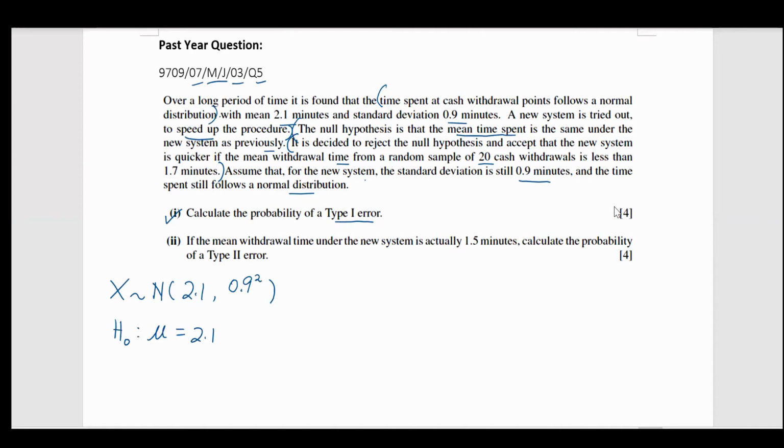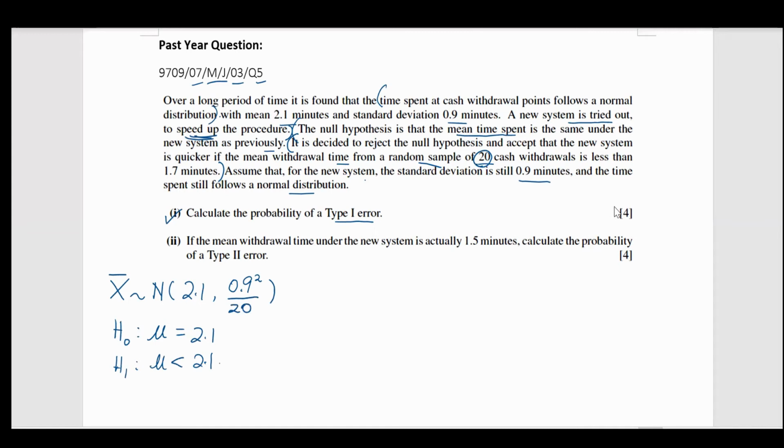But we are expecting the new system to speed up the procedure, so H1 should be that the mean is less than 2.1 minutes. To carry out the testing, we look at the sample mean distribution. The X bar distribution is also normal with the same mean 2.1, but the variance must be divided by the sample size, a random sample of 20 cash withdrawals, so divided by 20.